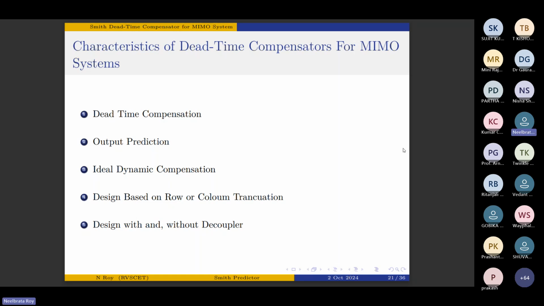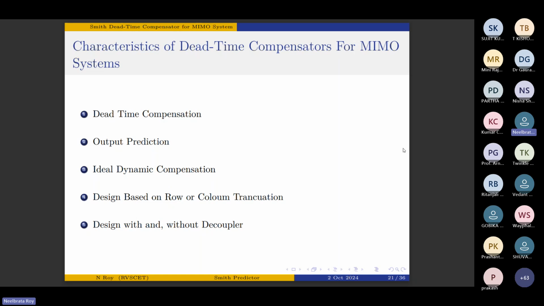The fourth property is design based on row and column translation. This was generally used with those types of MIMO plants which are non-square in nature.